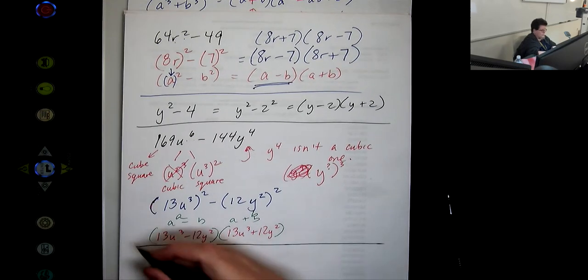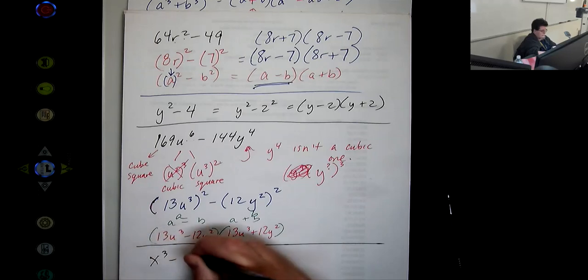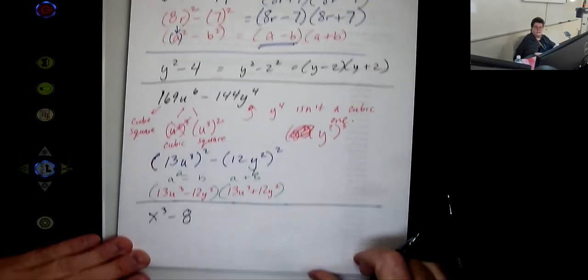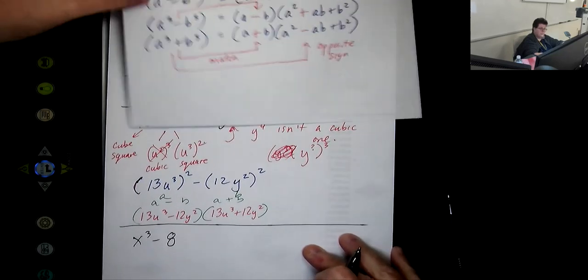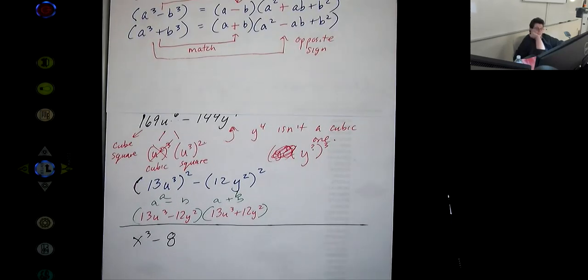Let's hit one of the cubic ones. Let's go x cubed minus 8. Now I see a cube on the x, and now I have to pick one of the cubic ones. The sign tells me which one I need. On the 8, the negative tells me I need the negative one.